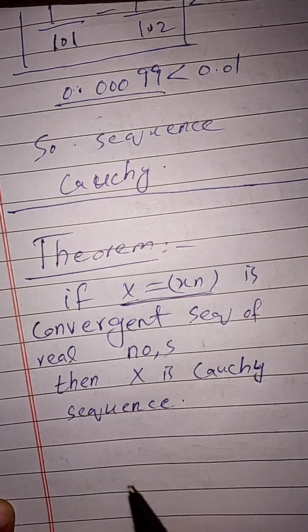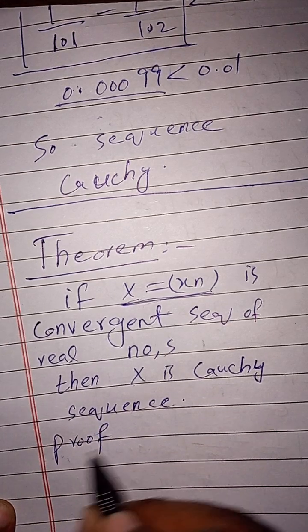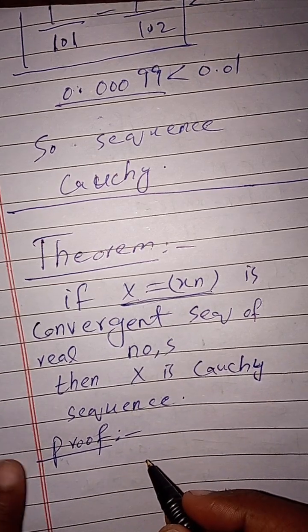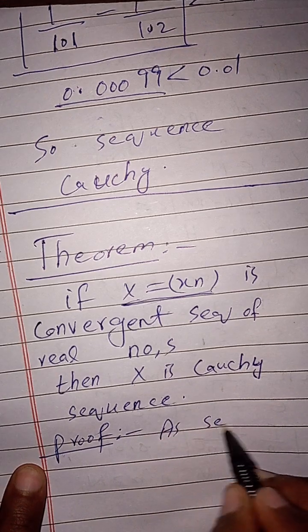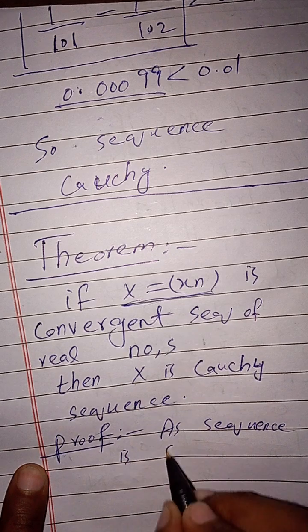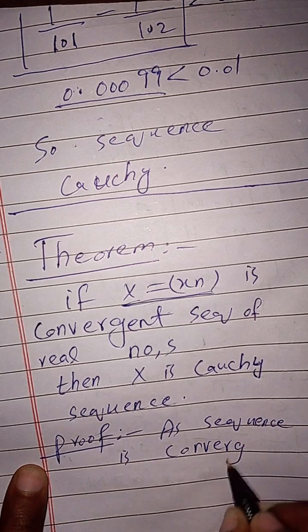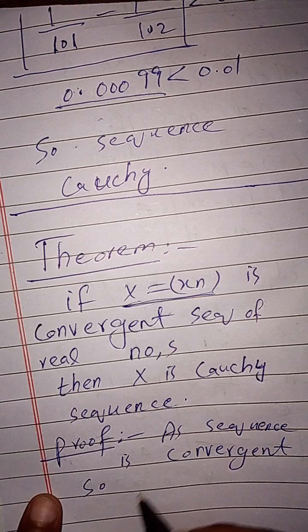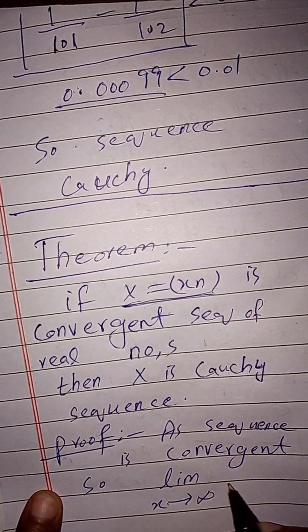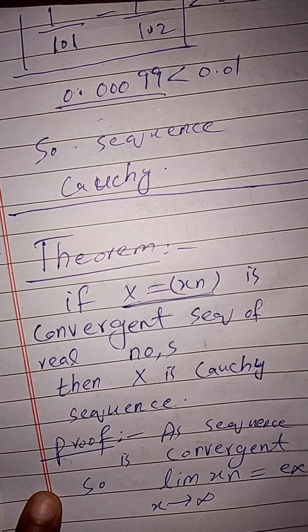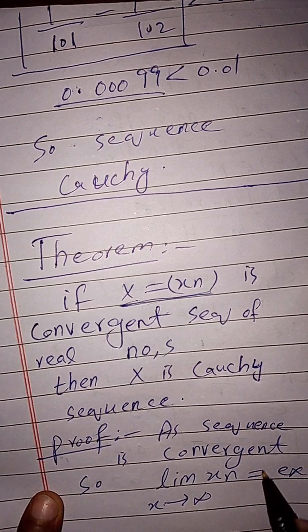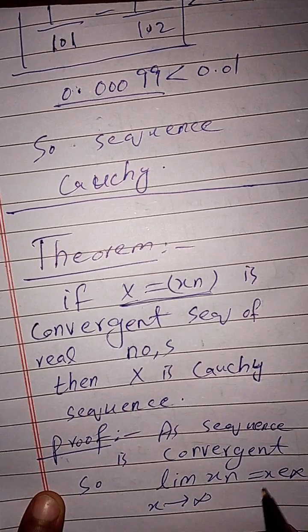So you know that if a sequence is convergent, then its limit exists. So the limit as n approaches infinity of xn exists and is equal to x.